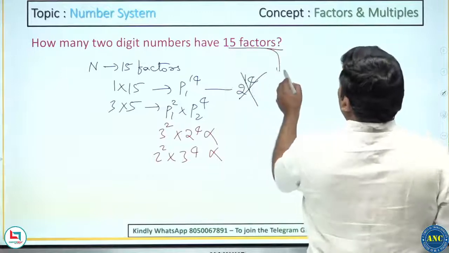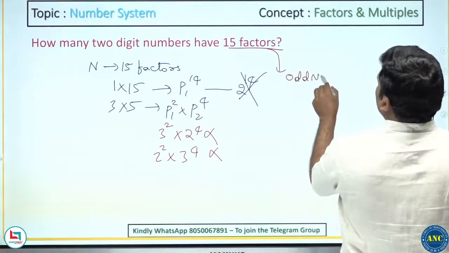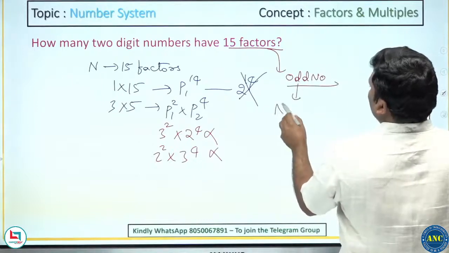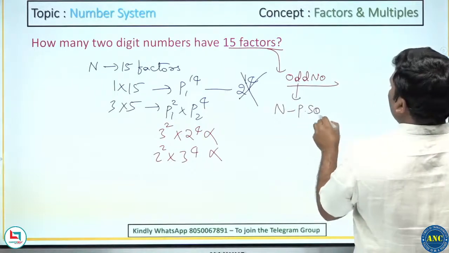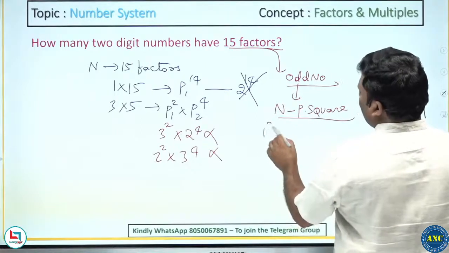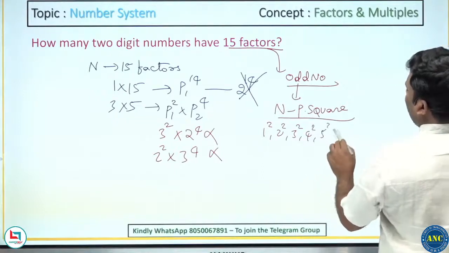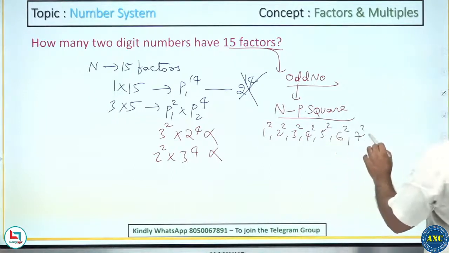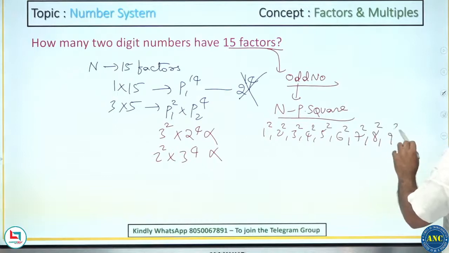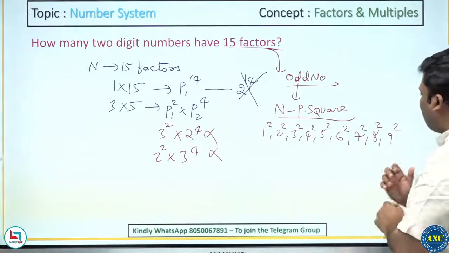15 is an odd number. That means the number should be a perfect square. 2-digit perfect squares: 1 square, 2 square, 3 square, 4 square, 5 square, 6 square, 7 square, 8 square, 9 square. 10 square is 100, a 3-digit number.